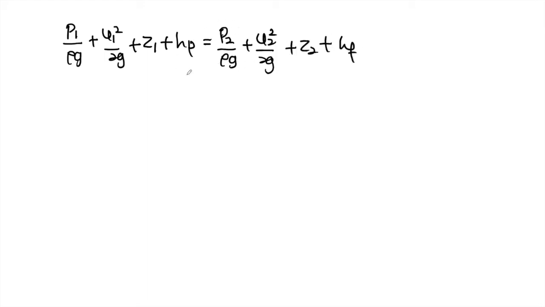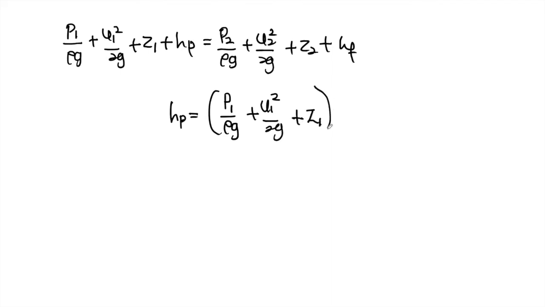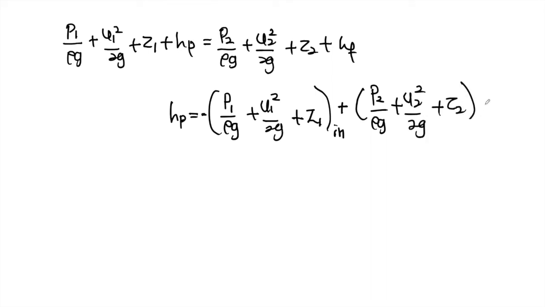Now rearrange your equation for HP. HP is equal to, sorry, we should have a negative here, P2 over rho G plus U2 square over 2G plus Z2 and plus HF.